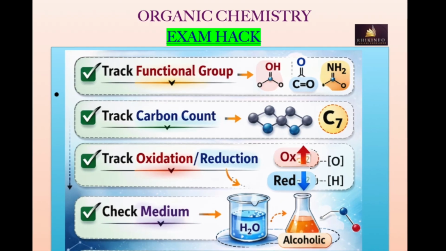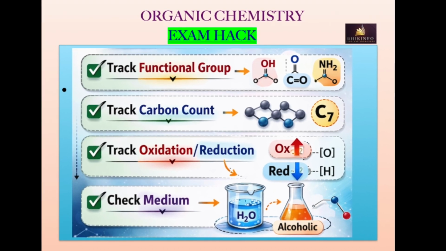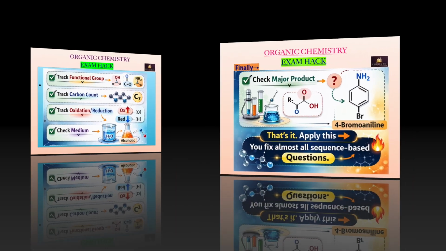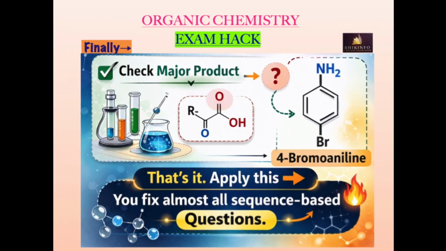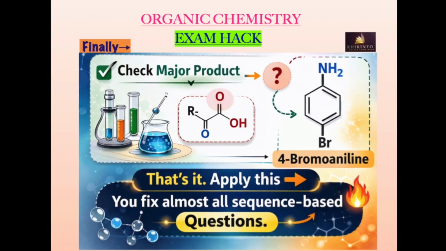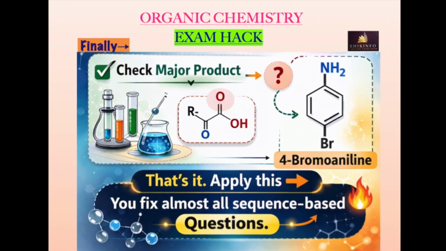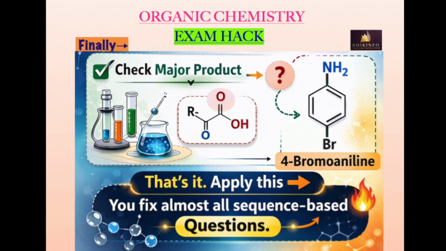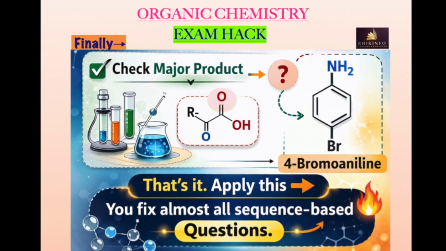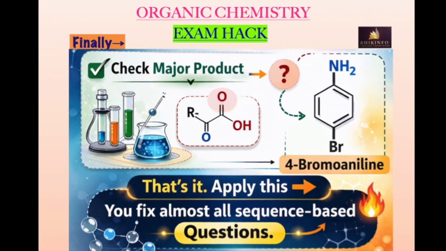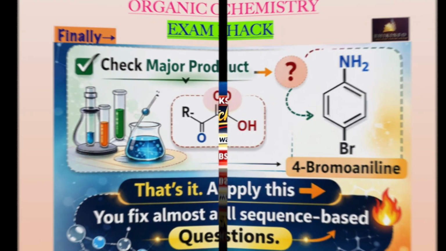So, organic chemistry is not all about memorizing every reaction. It's about recognizing the patterns and applying decision rules. Keep in mind, boards reward marks for correct structural formula, proper reagents, clear reasoning keywords, and stepwise presentation. As you know, clarity gives you the marks.